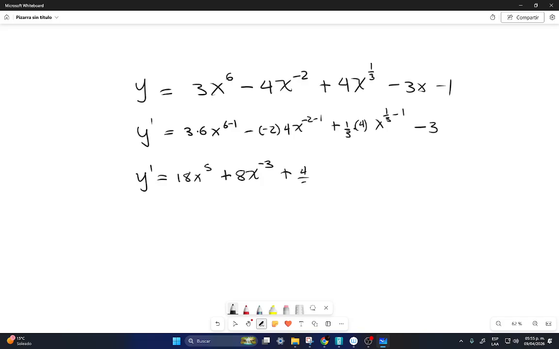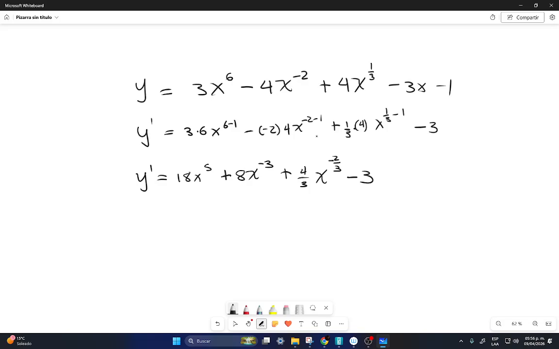You can do that with the calculator or by hand. And 1/3 minus 1 is 2/3. Sorry, negative 2/3. And minus 3. Okay, so that's the derivative.